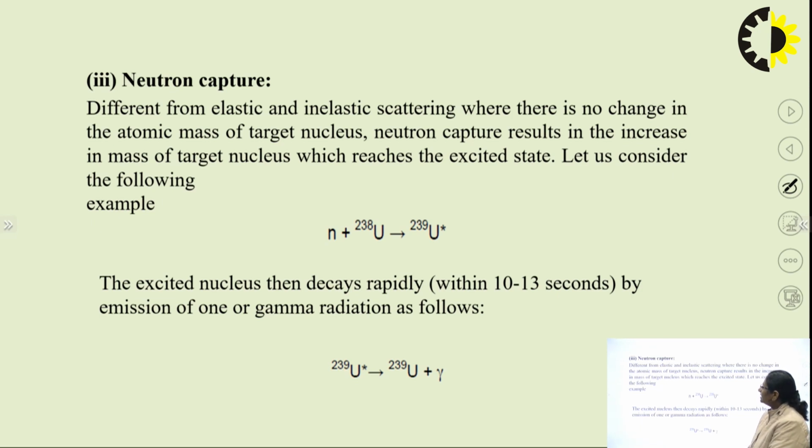Then comes the other nuclear reaction, which is the neutron capture.